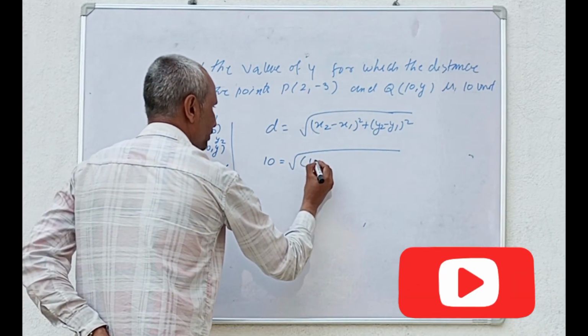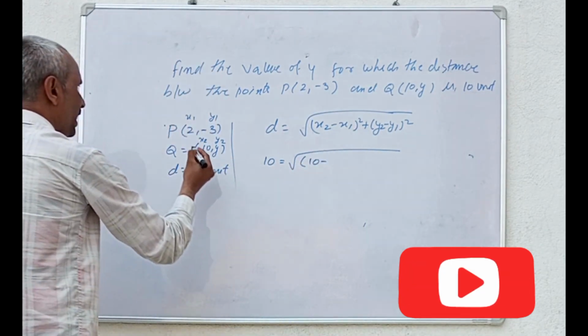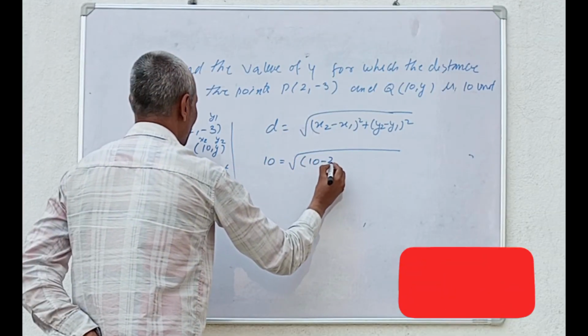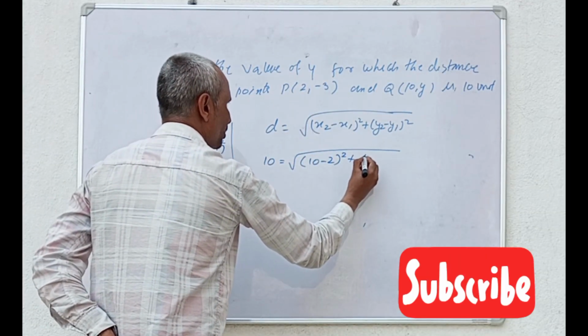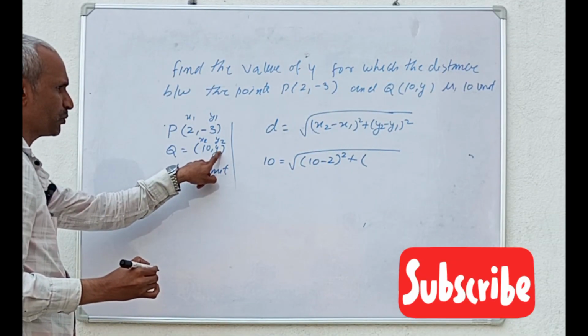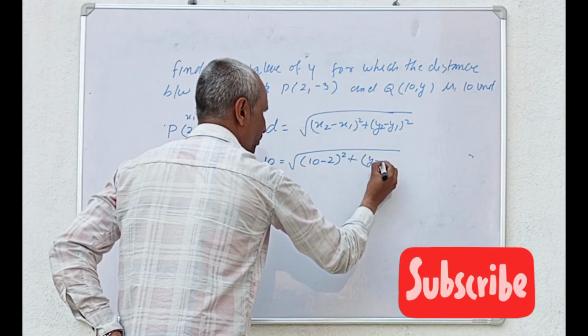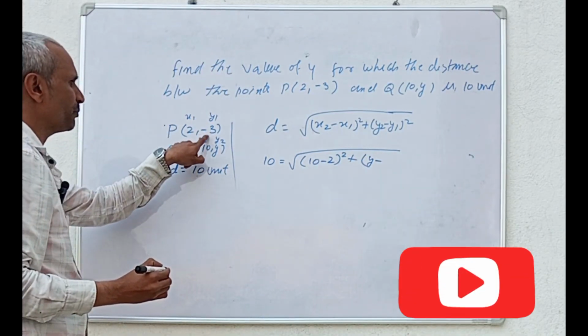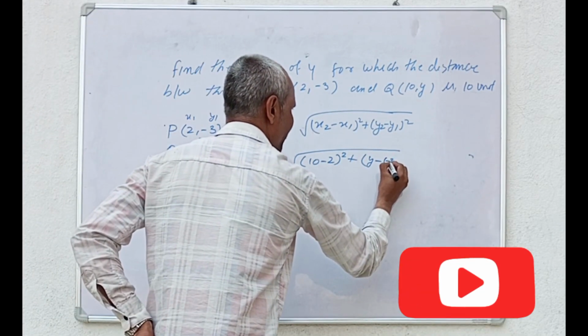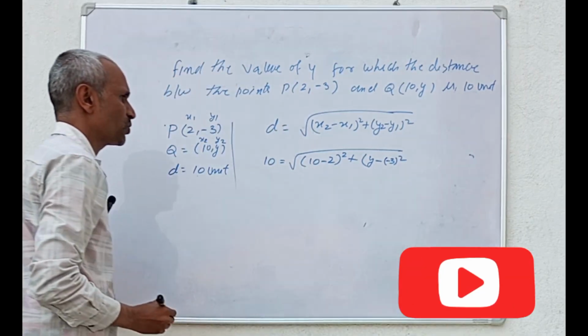So 10 minus the x1 value, which is 2, so 2 whole square, plus y2, which is the given y, minus y1 value, given minus 3, so y minus minus 3, whole square.